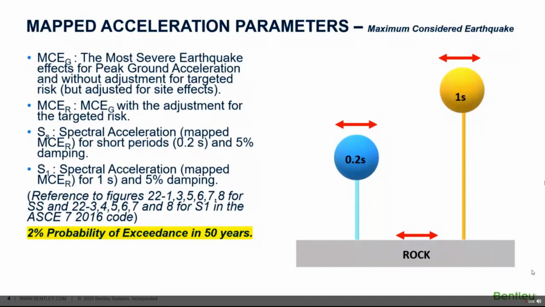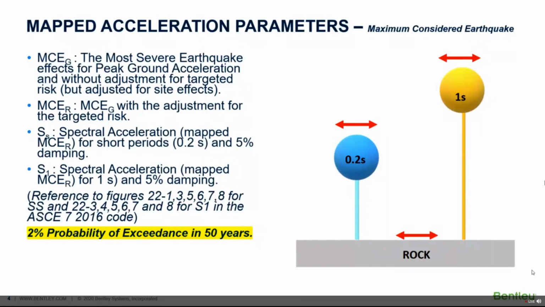Now it is to be noted with caution that the rock type of site is just a very loose way of putting it. The code is very precise in the site type which is used to determine these parameters. The code has mentioned that the site we are talking about, used to determine S_S and S_1, lies at the border of site class B and site class C with the average shear velocity of 2,500 feet per second.